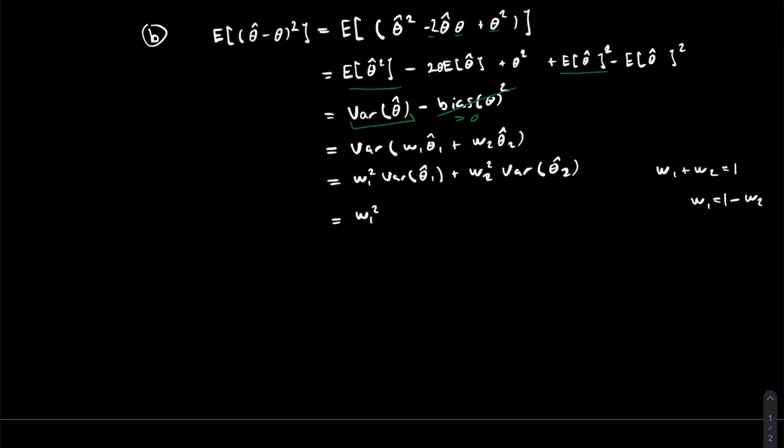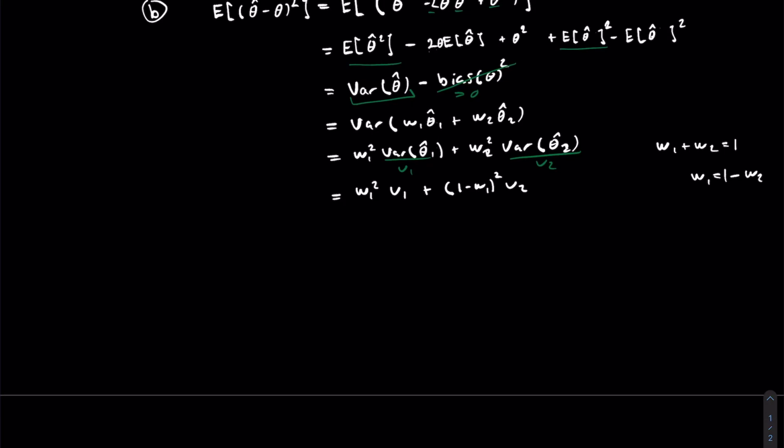Okay, so we have the variance, and actually one more thing, this I'm going to call variance of 1, variance of 2, and so we have W plus, and then we have 1 minus W, like so, squared variance of 2. Okay, so we have an even more compact expression of the mean squared error.